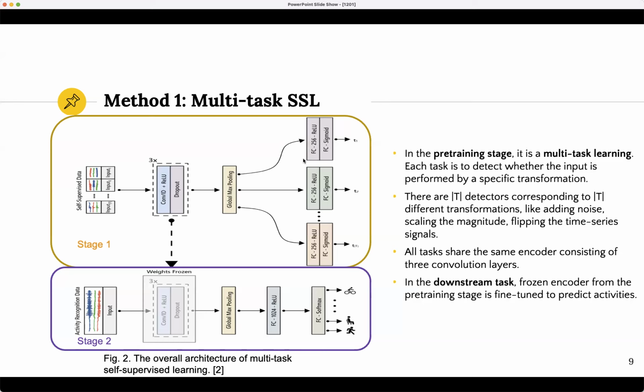In the downstream task, the encoder from the pre-training stage will be fine-tuned to predict the activities. So stage 2 is just like supervised learning. You give the raw data and predict the label of this input.